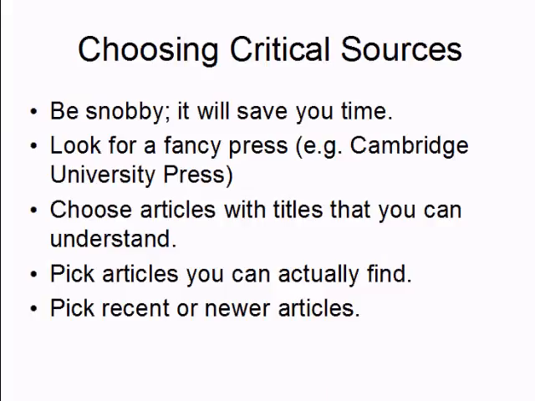How you choose your critical sources is very important. Now, you don't have the time to read everything that has already been written, so you have to choose smartly and pick the right sources. How do you do this? The shortcut is be a snob. Look for scholars who write books that are published on fancy presses, like Cambridge University Press, not crappy University Press.